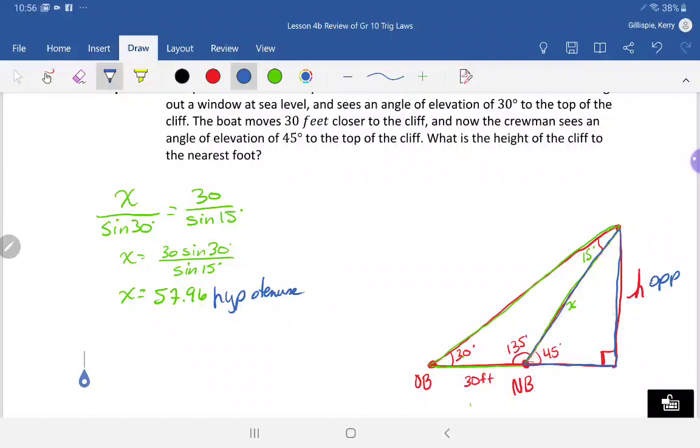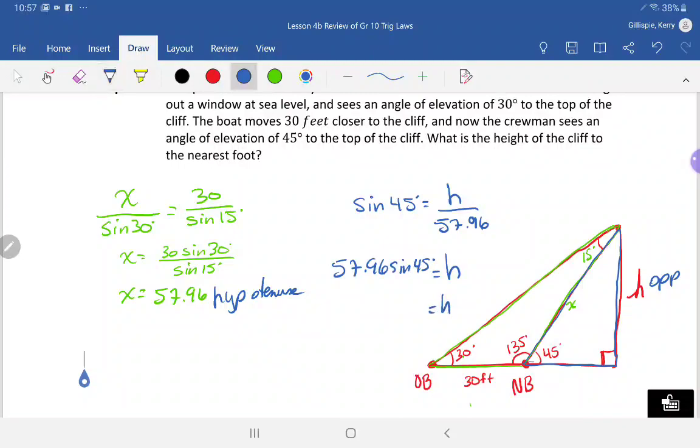Opposite and hypotenuse is sine. So we're going to do the sine of 45 degrees equals opposite, which is the height of our cliff, divided by the hypotenuse, which is 57.96. And then we can get h alone just by bringing 57.96 over and multiplying by the sine of 45 degrees.